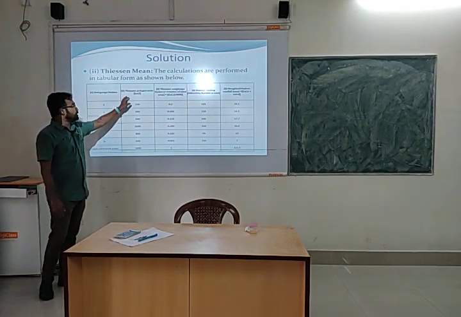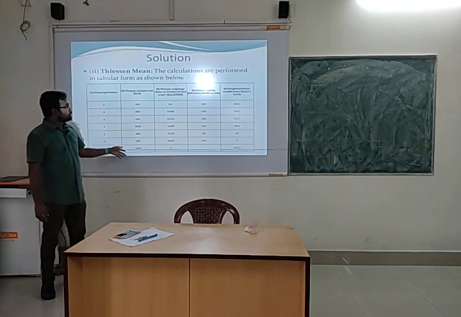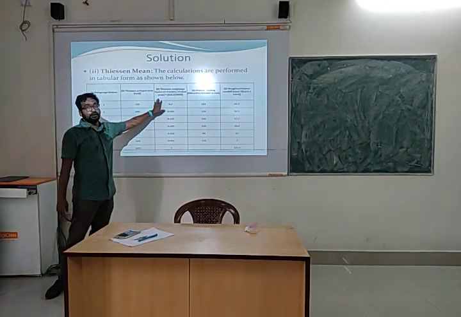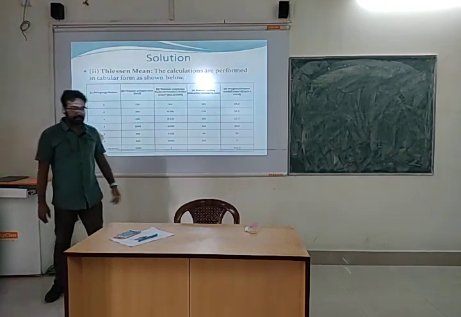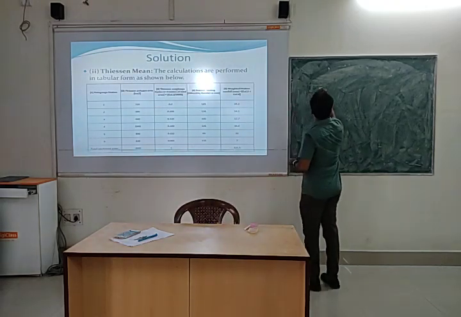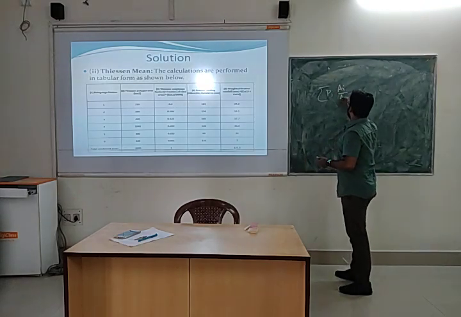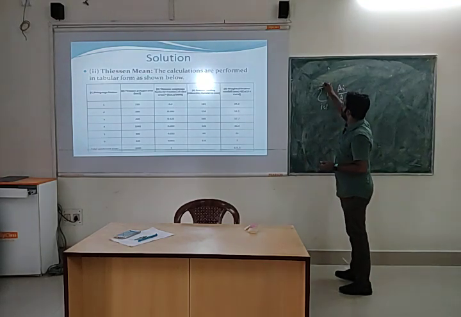In the second column you have Thiessen's polygon area in square kilometers, right? In the third column we are finding out the weighted factor, and I've already told you the formula is summation of Pi Ai by A where i will vary from 1 to n.